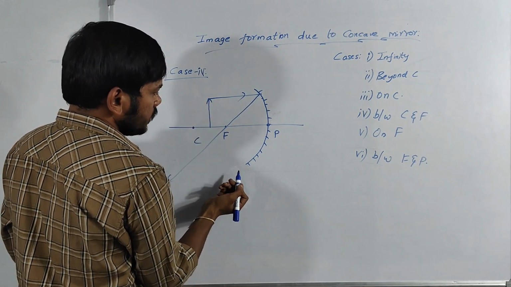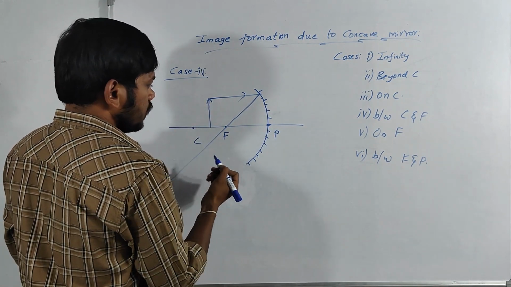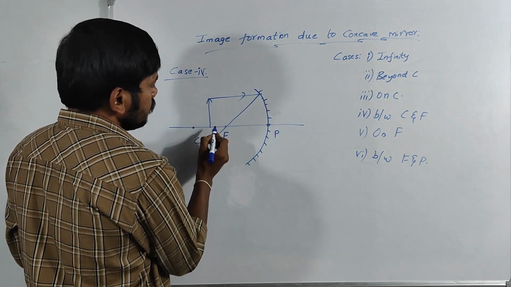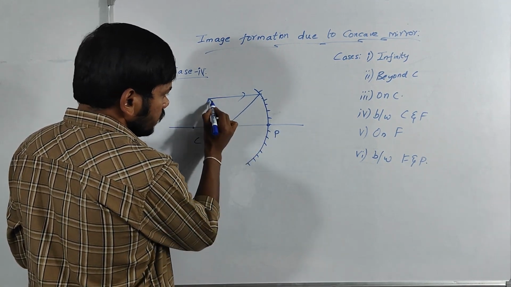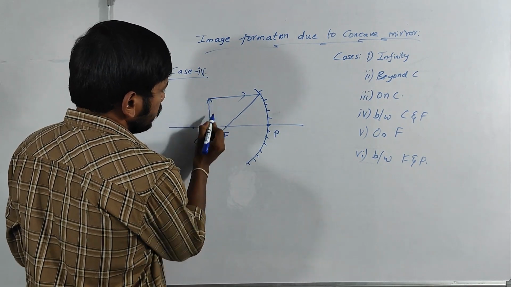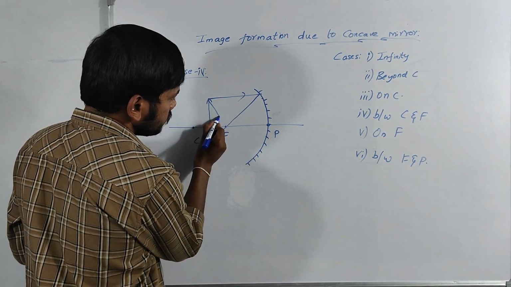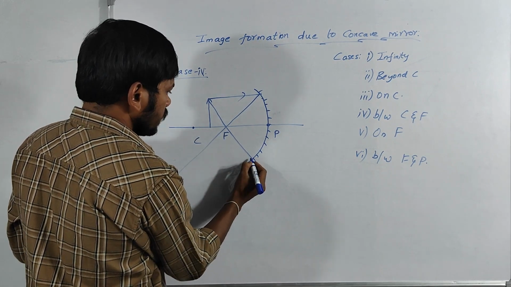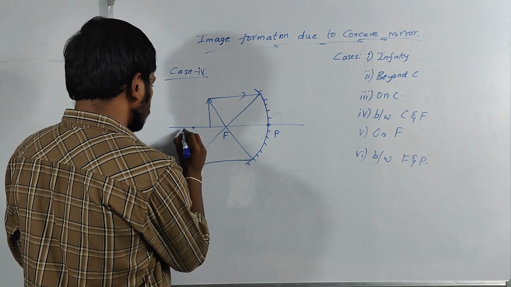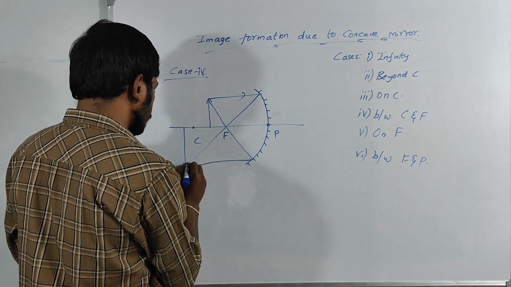Incident through focus also you can take, or even normal incidence, or the incident at pole, it is also valid. I'm taking it through focus. So it reflects parallel to principal axis, image is formed beyond C.